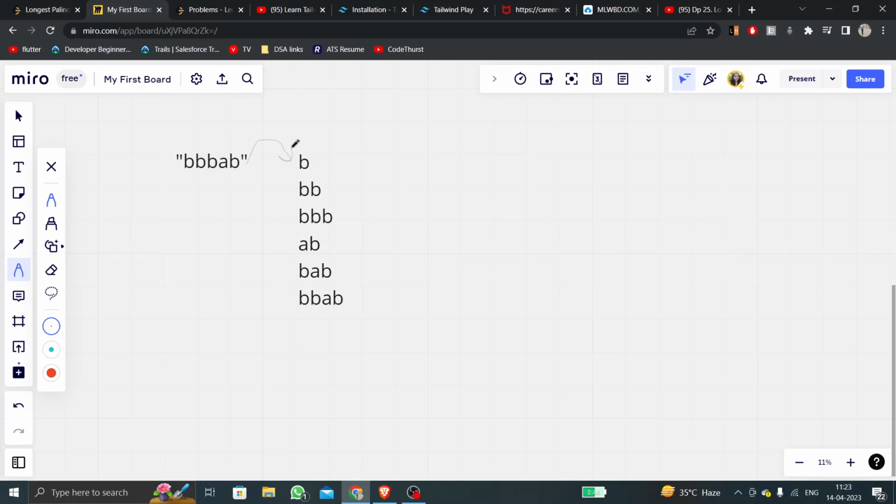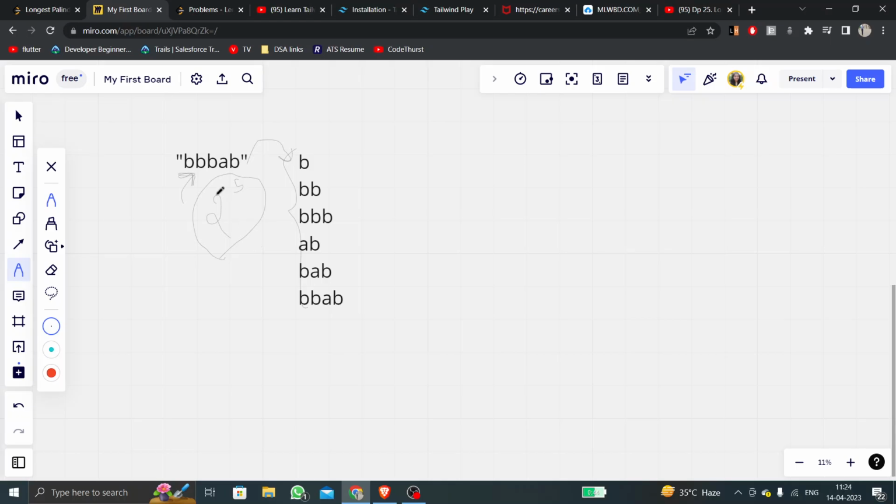There can be 2 raised to the power of the length of the string, so 32 subsequences can be found out of this particular string. A few are here, I have listed them here.